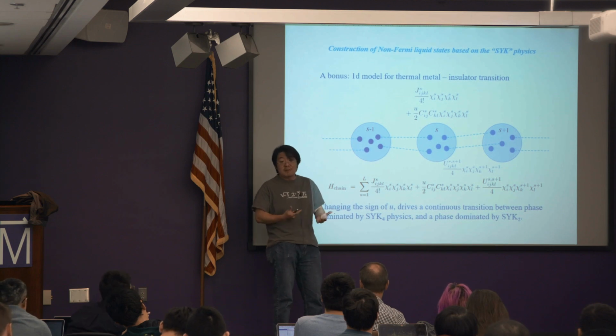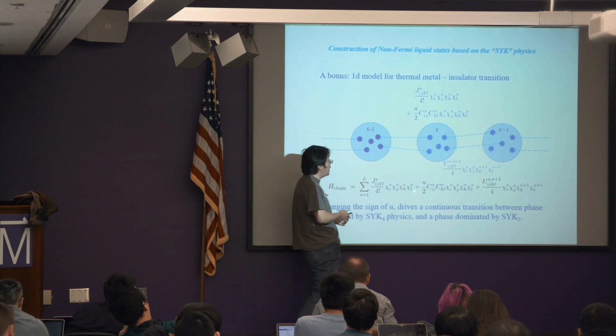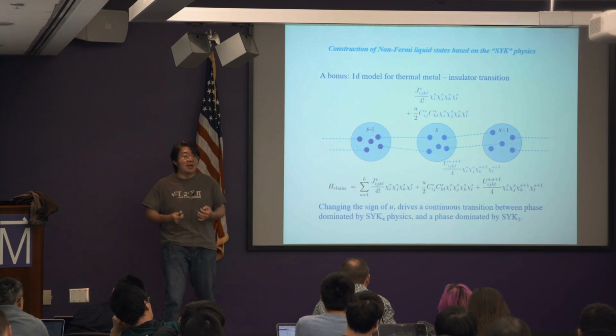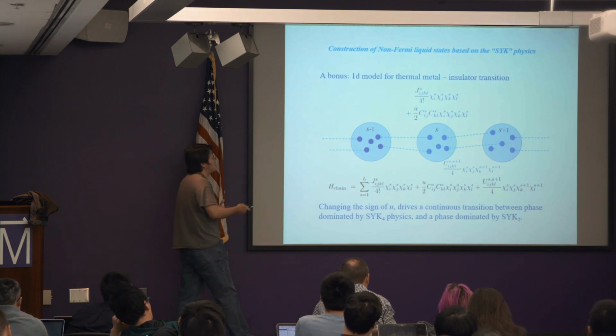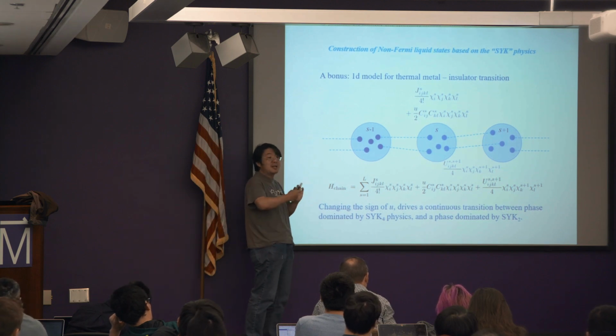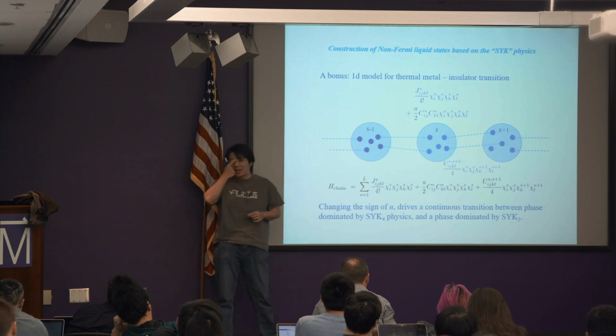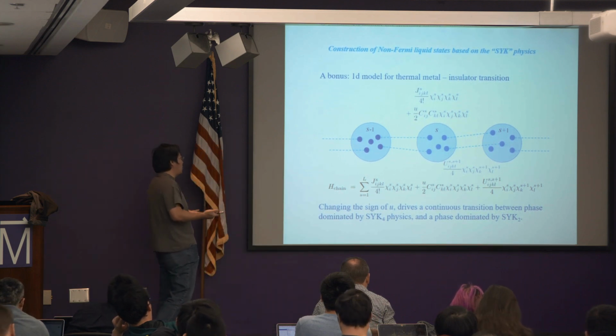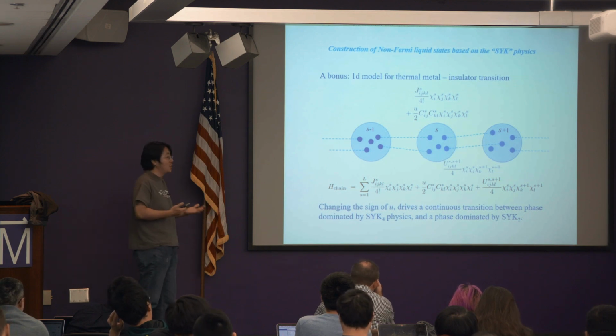So when every island is dominated by a spontaneously generated two-fermion interaction, the inter-island hopping is irrelevant, and the system will become an insulator. So in this one-dimensional chain constructed with the SYK model, there's a very natural thermal metal to insulator phase transition.